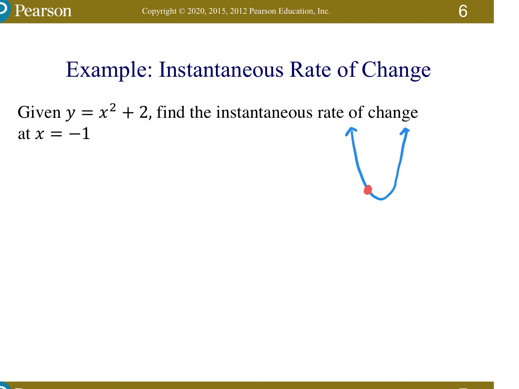So I need to know what f of -1 is. I need to know its y value. So I plug that into the equation, -1 squared plus 2, that works out to be 3.